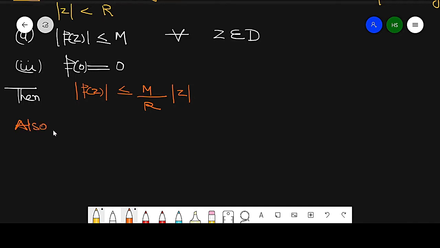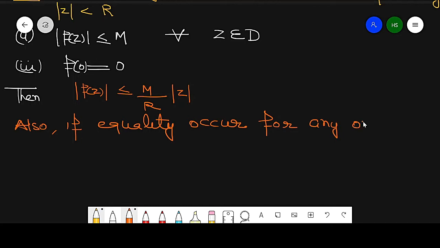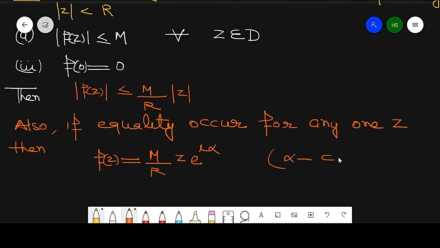Also, if equality occurs for any one z, in that case f(z) is equal to M by R into z into e raised to power i alpha, where alpha is a constant.